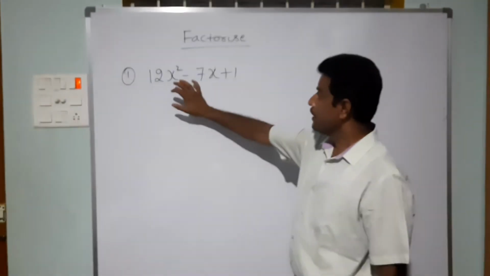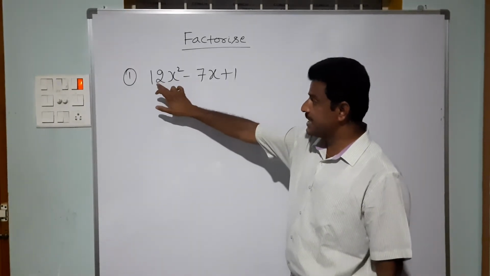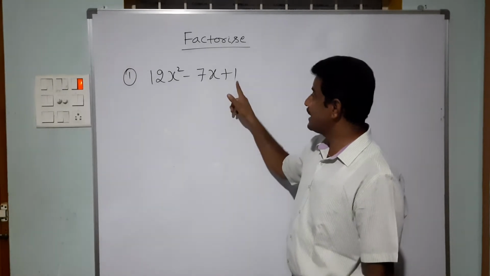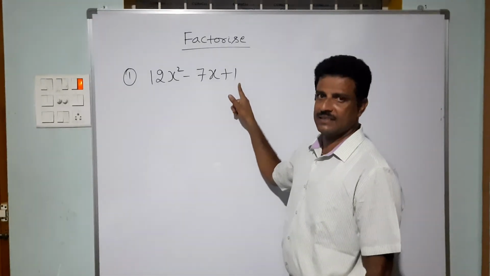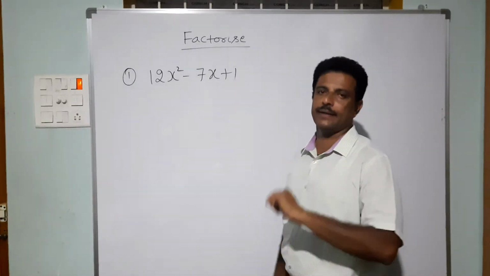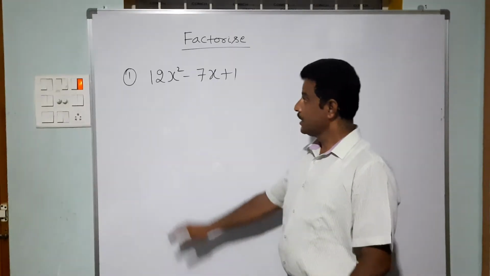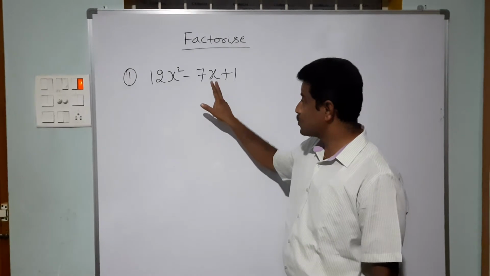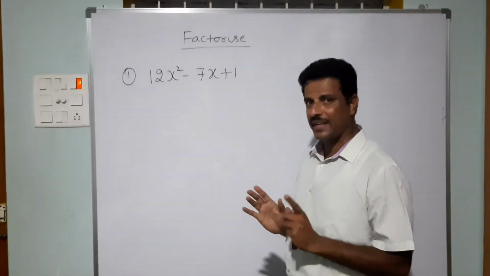So x square coefficient is 12, x coefficient is minus 7, and here 1 is called a constant. Did you understand? We call 12 the x square coefficient, minus 7 the x coefficient. This 1 is separate, no variable is there. So that's why 1 is called a constant.